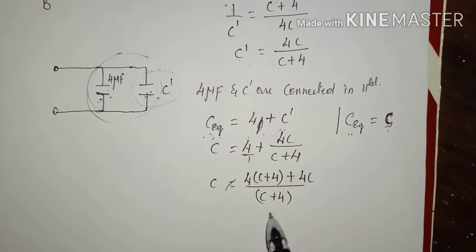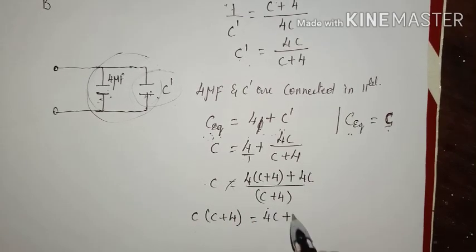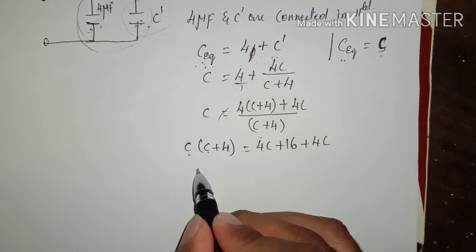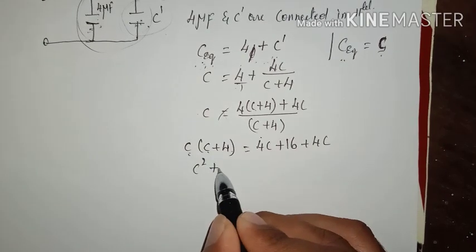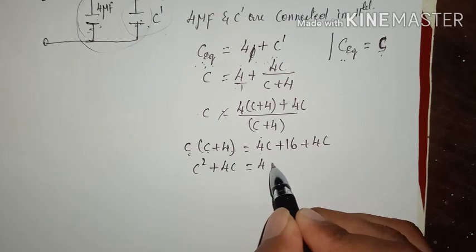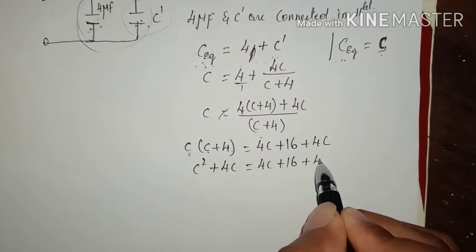Do cross multiplication. This one will come over here. C into C plus 4 equals 4 into C, it is 4C plus 4 4s are 16 plus 4C as it is. Again you multiply C into C, that is C square plus C into 4, it is 4C equals 4C plus 16 plus 4C.